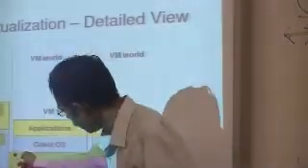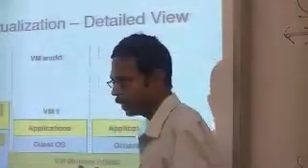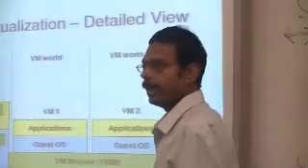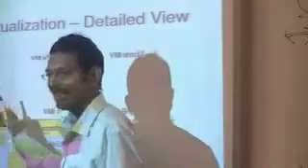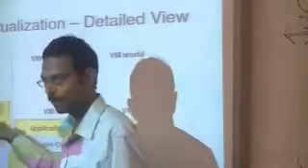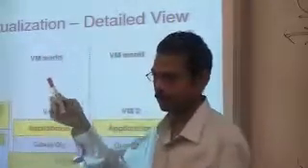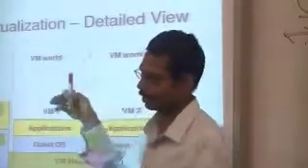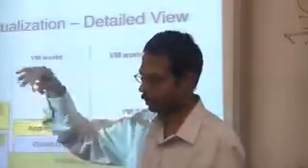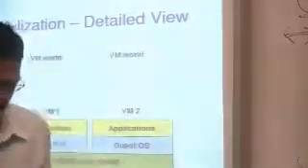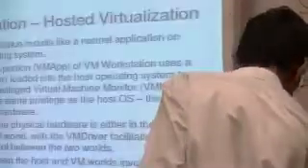And the virtual machine monitor, as you see, mediates everything between the virtual machine and the underlying hardware. The virtual machine monitor is actually running as an application on the host operating system. So when you install Oracle VirtualBox on Windows 7, it's running really as an application on Windows 7.